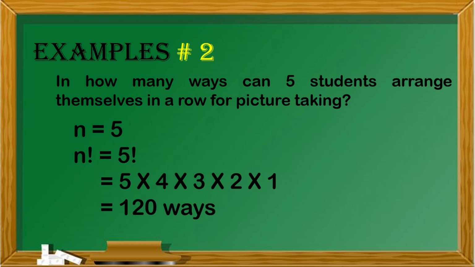List all the positive integers starting at the given number, which is 5. Then 5 times 4 times 3 times 2 times 1 is equal to 120 ways. Therefore, 5 students have 120 ways to arrange themselves in a row for picture taking.